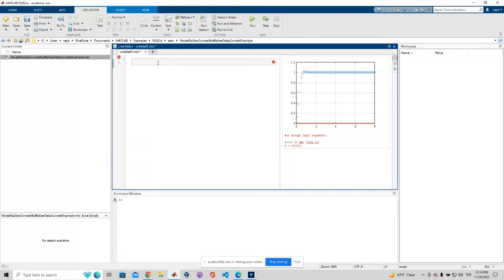So our last experiment, we're gonna obtain rise time, peak time, maximum overshoot, and settling time. Let's define our system again. Numerator, 25.